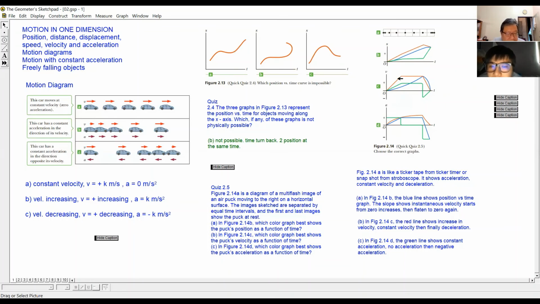What is the acceleration, positive, negative, or zero? Positive. Velocity constant. What is the acceleration? Zero. Then velocity decreases. What is the acceleration? Negative. So which line represents the acceleration of this object?